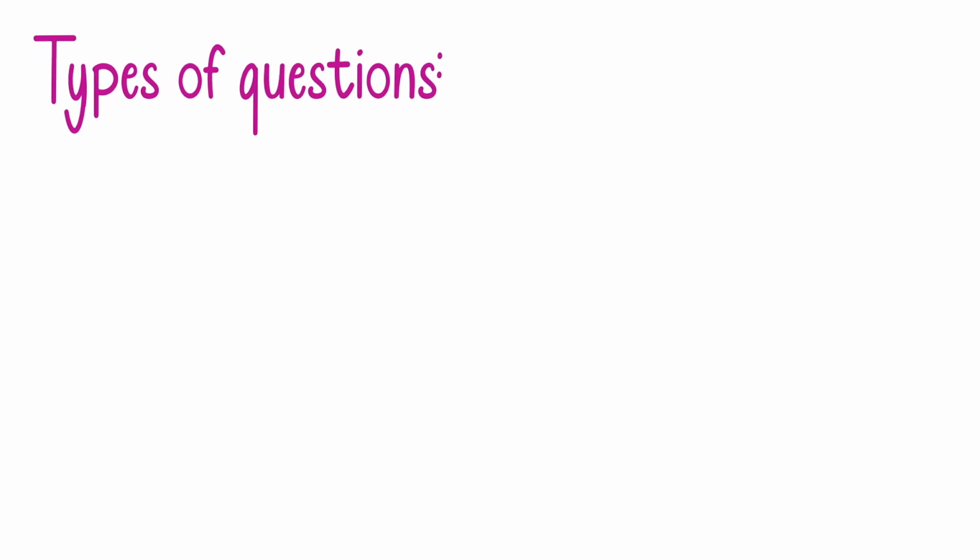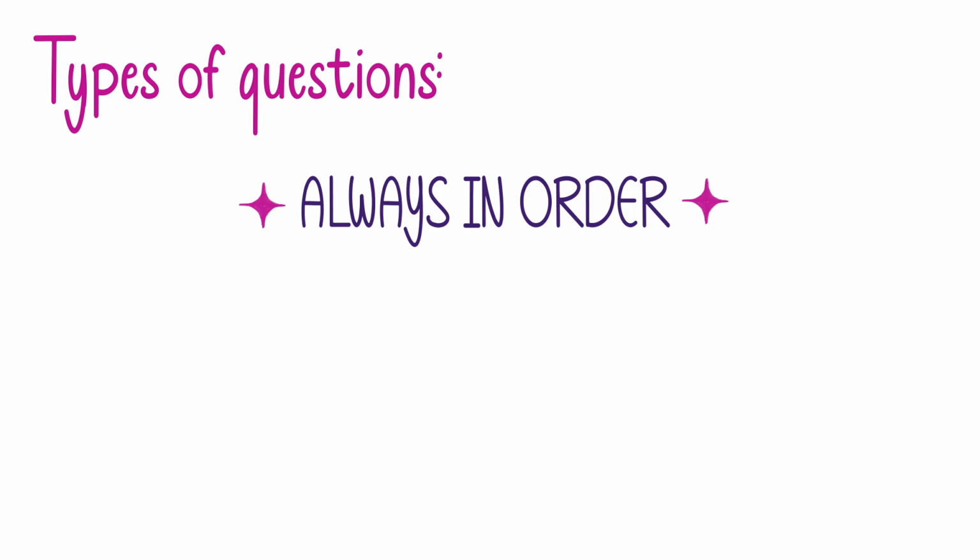There are 3 main questions, and there are 14 types of questions. The first main question type is those questions which are always in order. Always in order. So what do I mean by this?